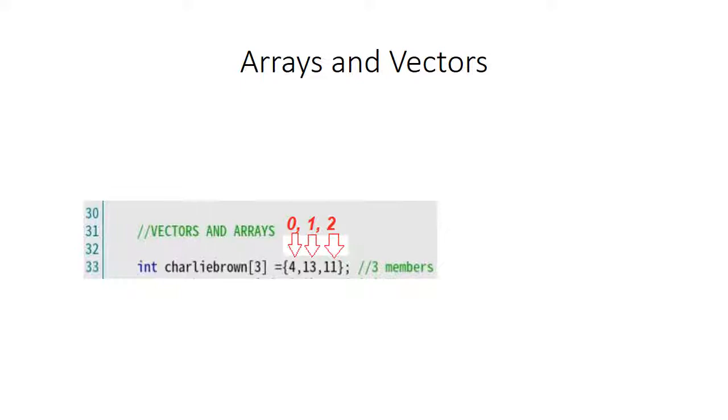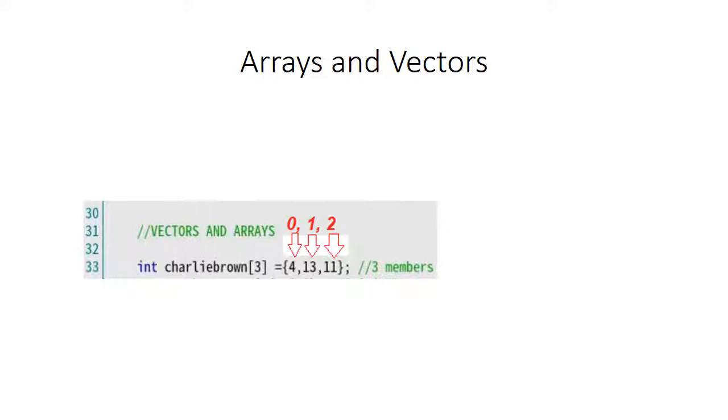That's nice, but how do you specify each individual value of Charlie Brown? You do that by referring to the index number. That's the place within the brackets. In this case, you'll notice first is 0, the second is 1, the third is 2.